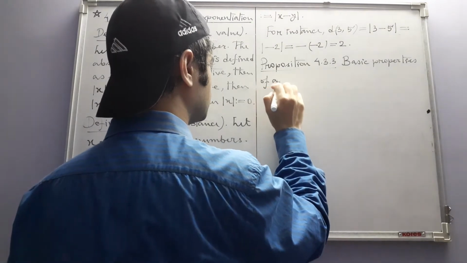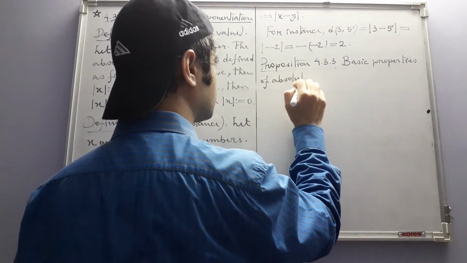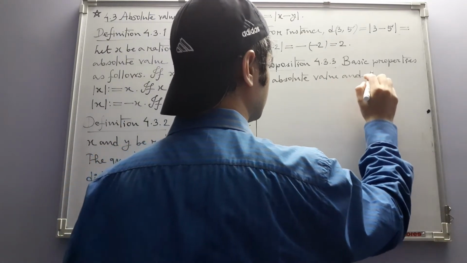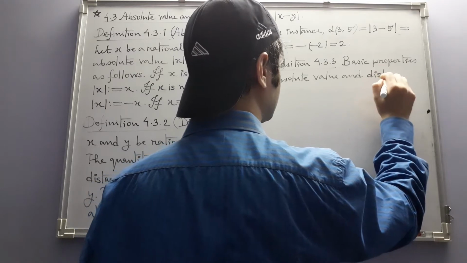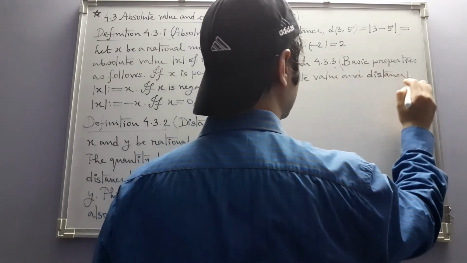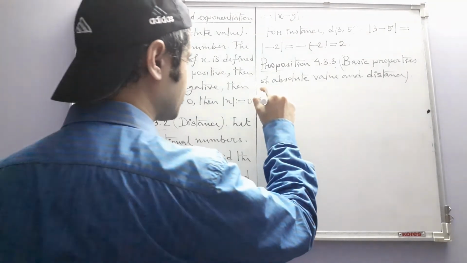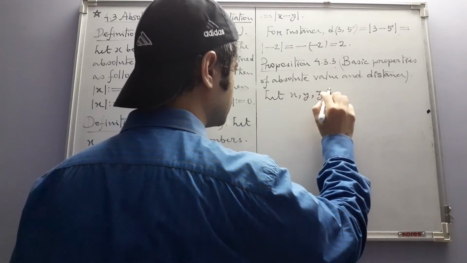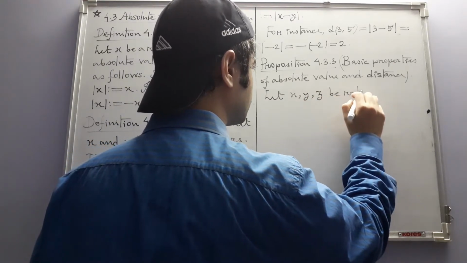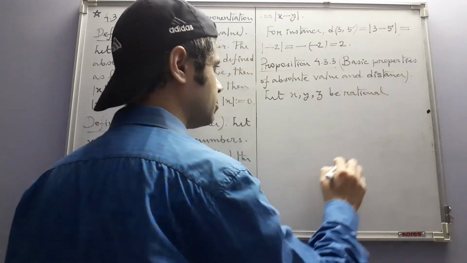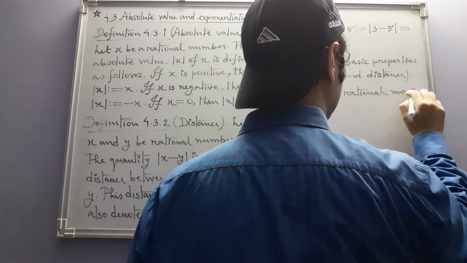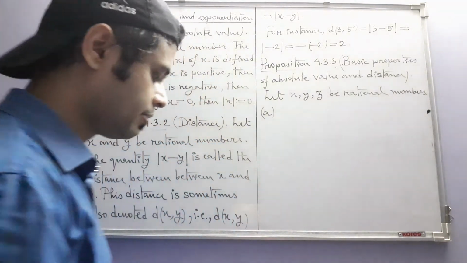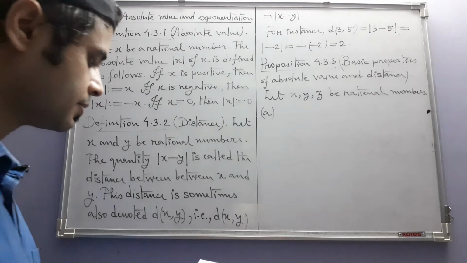Basic properties of absolute value and distance. Let x, y and z be rational numbers. Okay, there are some parts, and these parts have some natural names.